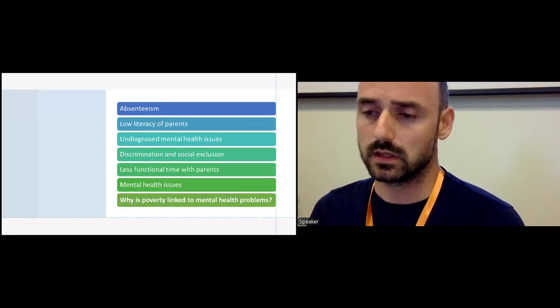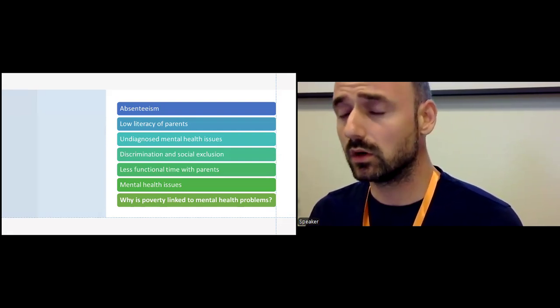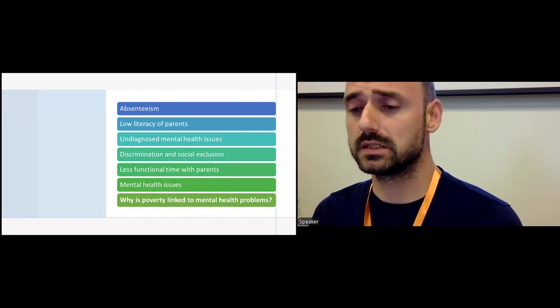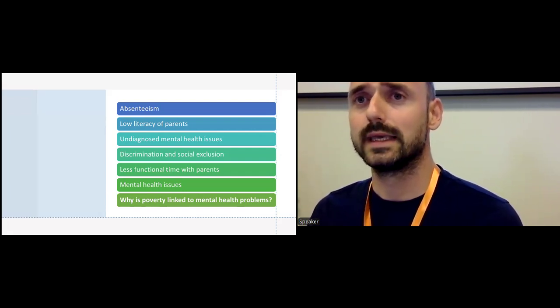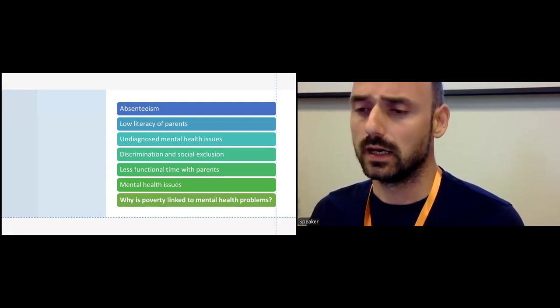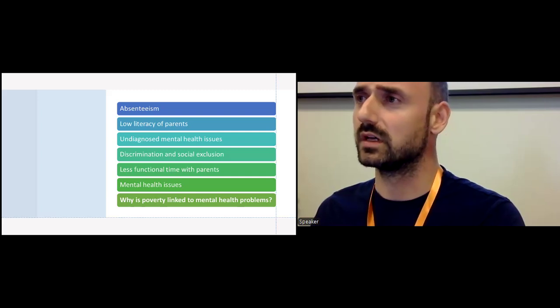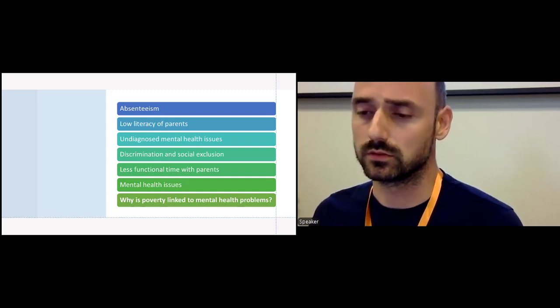Absenteeism, obviously, is a main problem for schools and students. Low literacy of parents makes it hard for students to get help from their parents when it comes to academic tasks. And in the long run, that triggers low academic achievement in students.